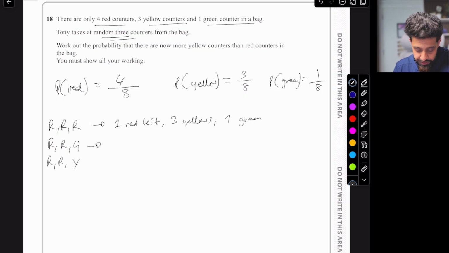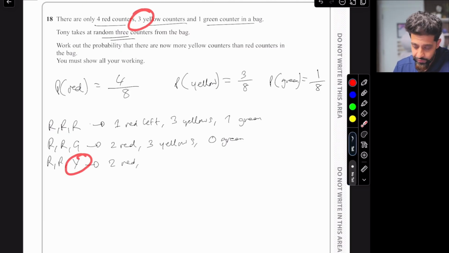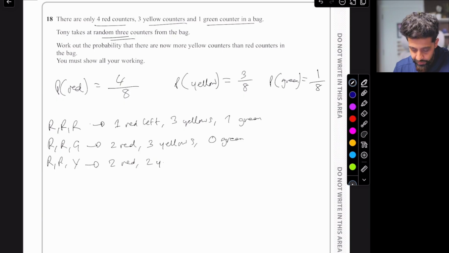On this combination, we've taken out 2 reds, so we're going to have 2 reds left, all 3 yellows, and no greens. Do you see why I list them like that? And on this one, we've taken out 2 reds, so 2 red left, and we've taken out a yellow, so there's 2 yellow left, and we've got 1 green.